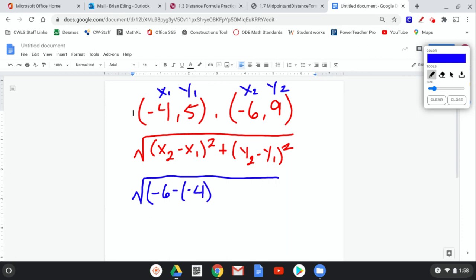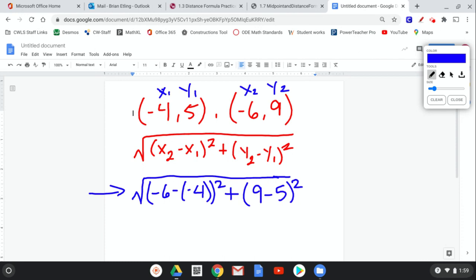I actually want you, when you're doing this on a separate sheet of paper, to put all of this in and set it in. So everything I'm writing in blue should be on your paper. So I need you plugging the numbers into the distance formula. Everything I write in blue, you guys should be putting on your paper before you turn it in. Then we're going to add y2 minus y1. So that's going to be 9 minus 5.